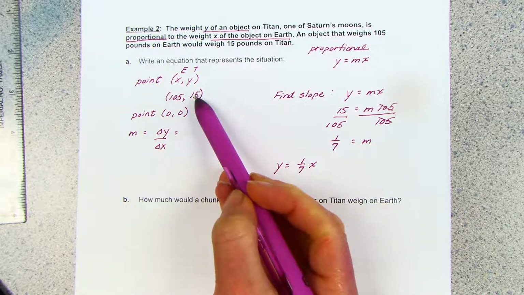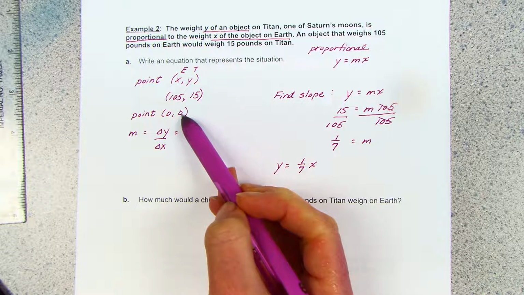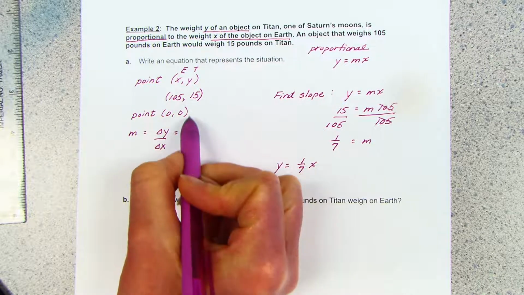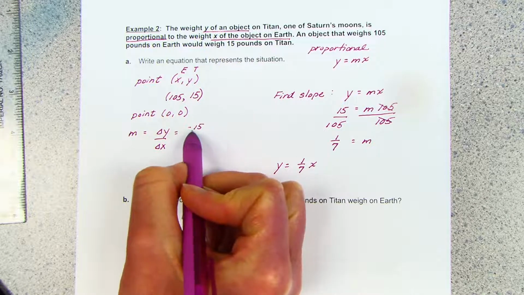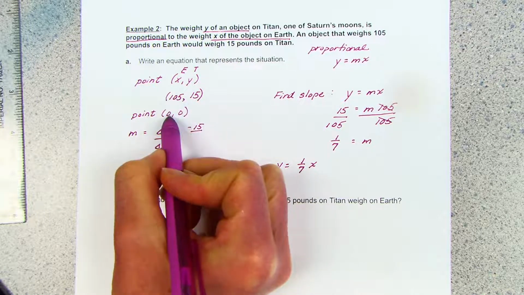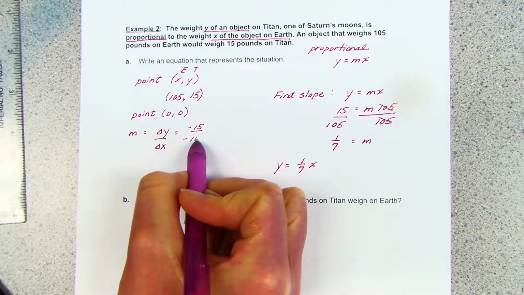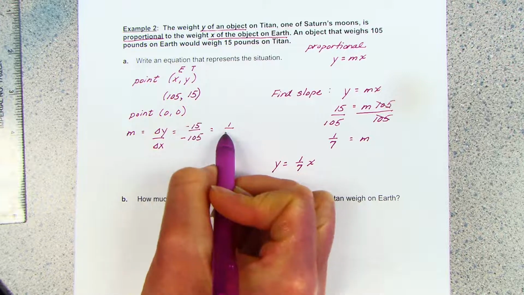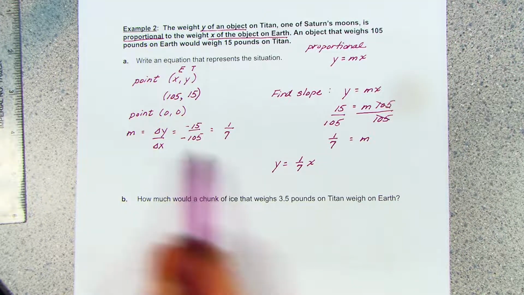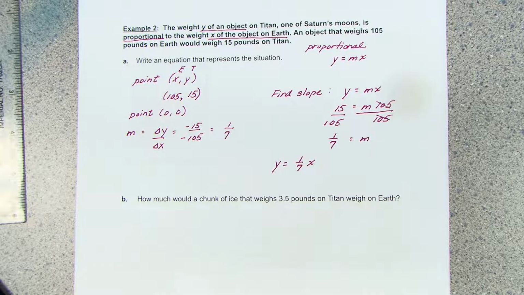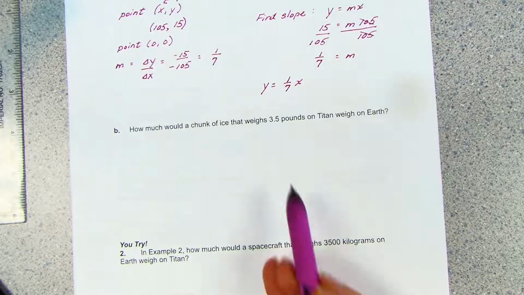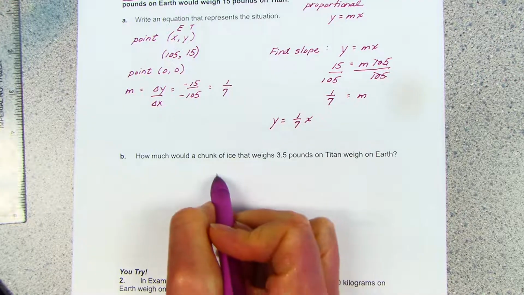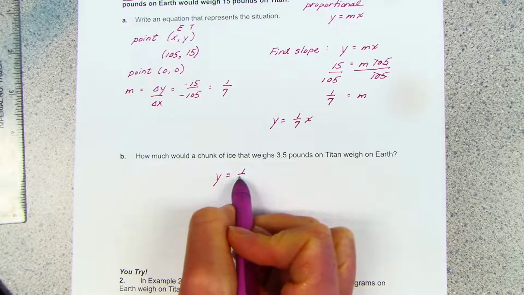The y values change from 15 to 0, depending on which direction you're going. 15 to 0 is negative 15, and from 105 to 0 is negative 105. Then when you divide through, you get 1/7. So you could get it either way. Continuing on the problem, we've got y equals 1/7 x.